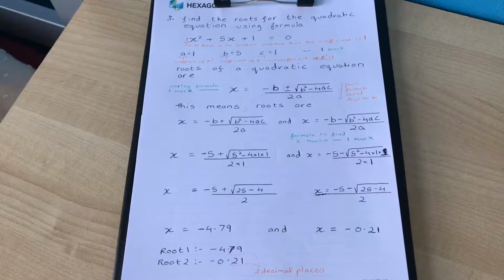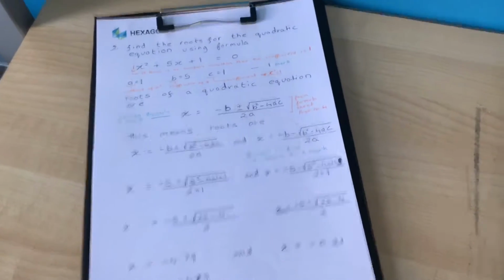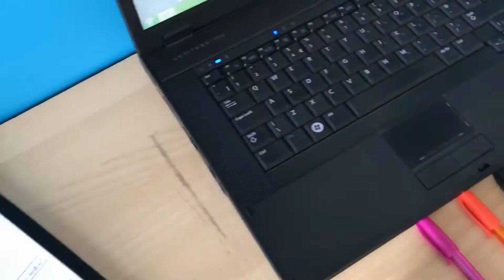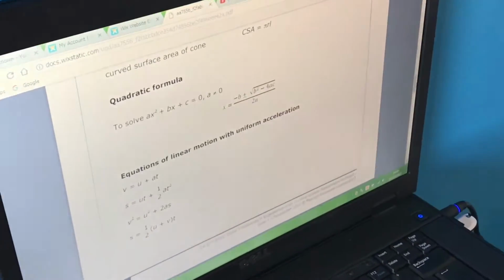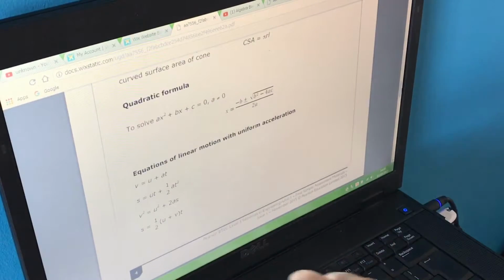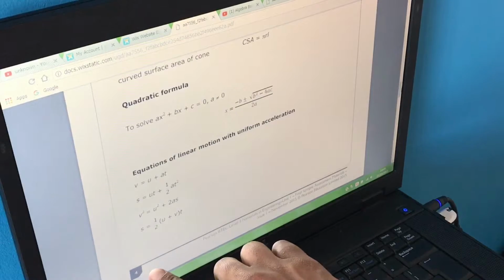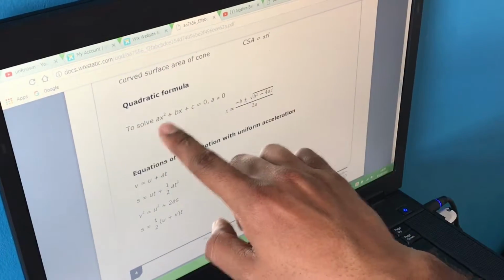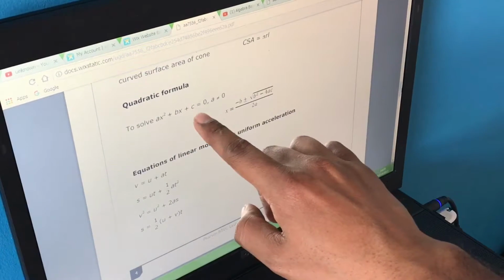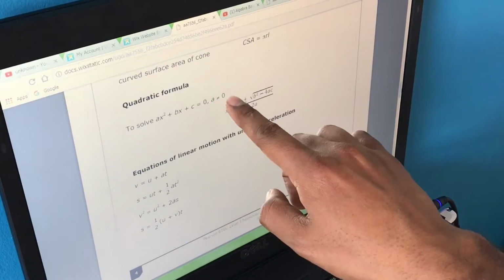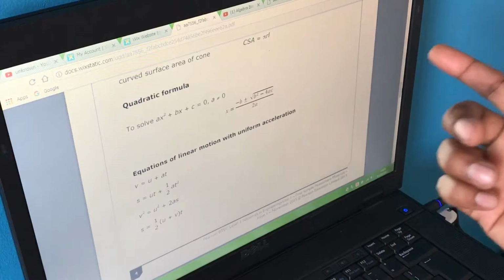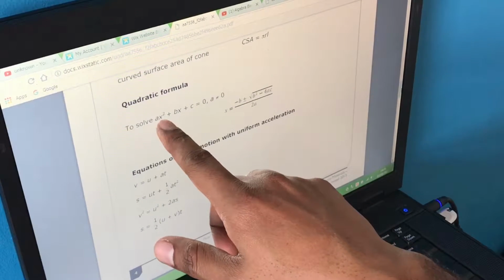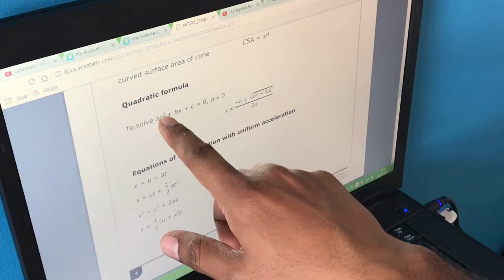Now I'm going to show you where the formula is located on your formula sheet. I don't have the formula sheet with me here, but I am referring to my website. If you take a look at page number 4, it says quadratic formula to solve ax square plus bx plus c equals 0 when a is not equal to 0, which is in fact what makes it a quadratic equation, because the highest power of x is 2.